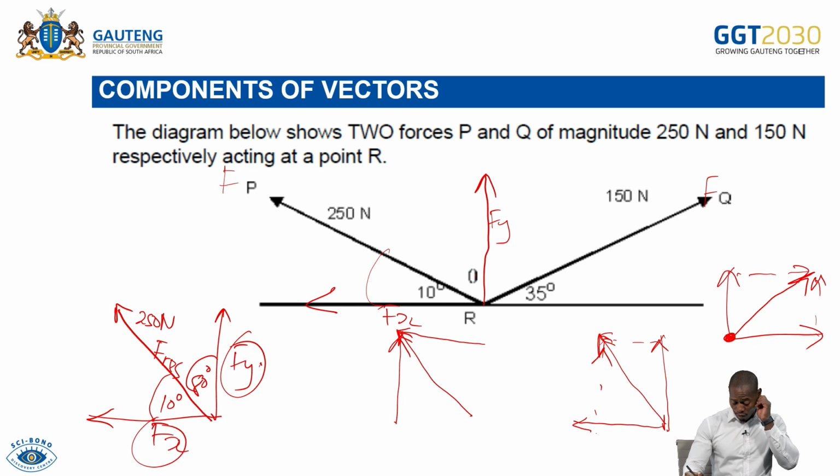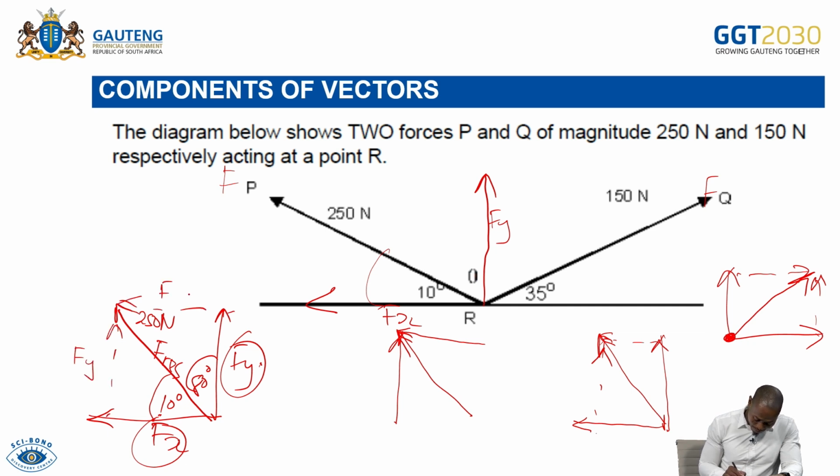But to get our Fx and our Fy, simple, trig ratios again. Remember here, I'm having 10. So if I can complete here, this is still my Fy, and this is still my Fx.